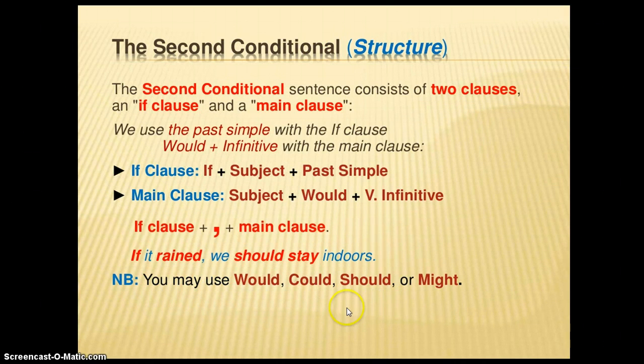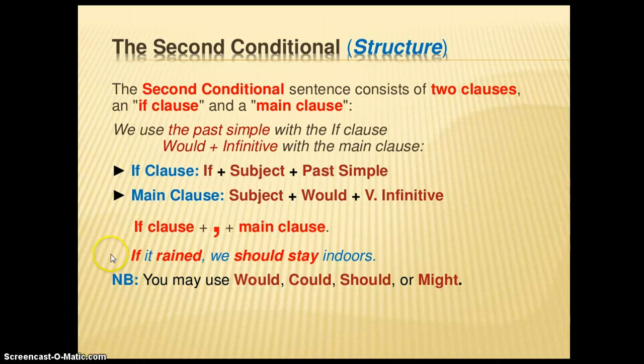As for the second conditional, also called the hypothetical conditional sentence, we now have two sentences, the if clause and a simple past. Remember that if the verb is to be, was is not used, but we use were instead. And then the main clause that contains a conditional, which is would and a base form of the verb.